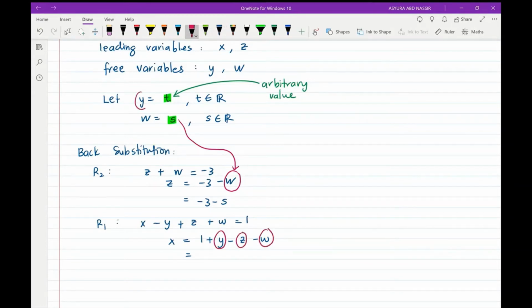You will get 1 plus t minus (-3 minus s) minus s. Simplify: 1 plus t plus 3 plus s minus s, which equals 4 plus t.